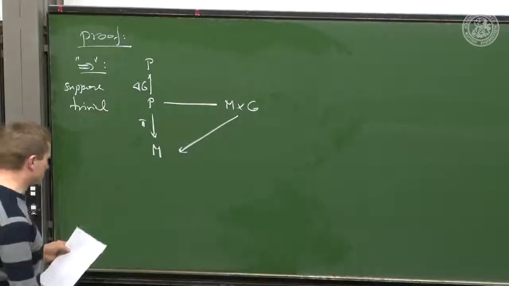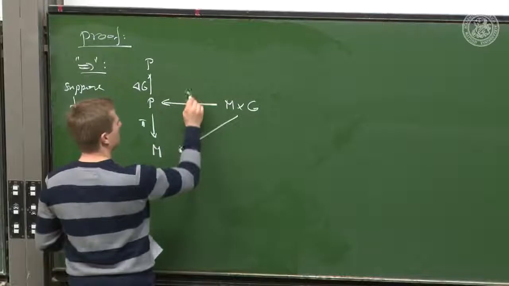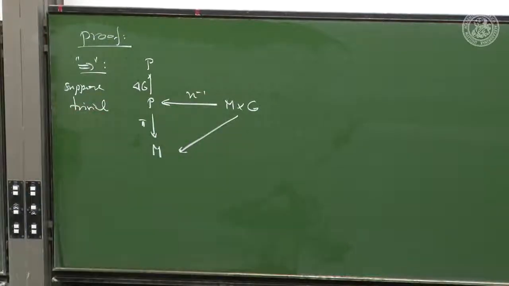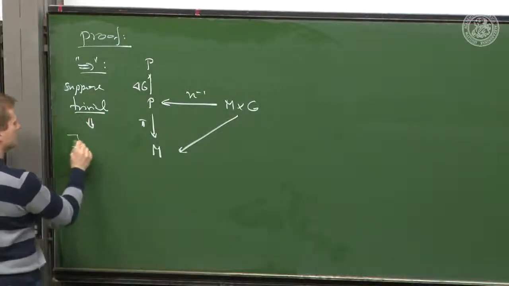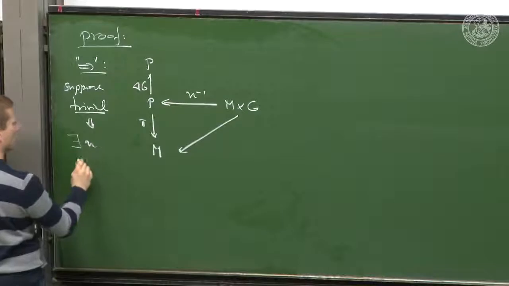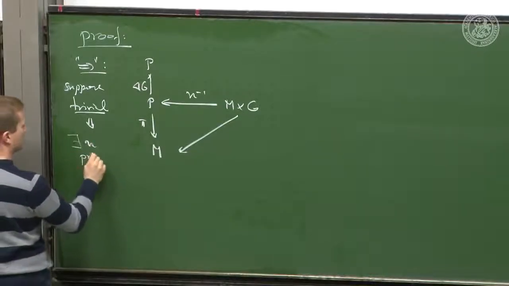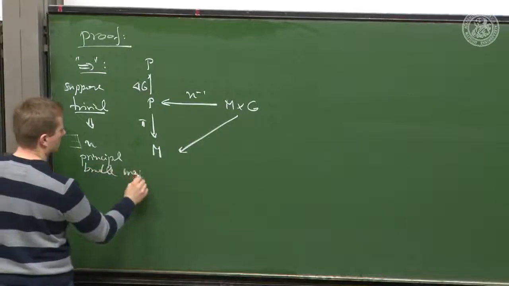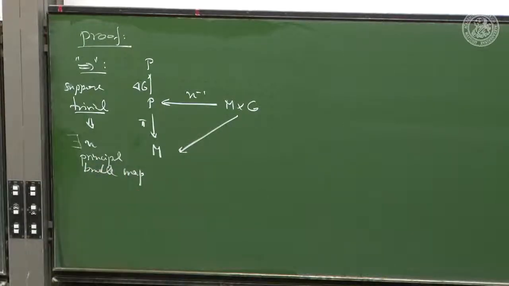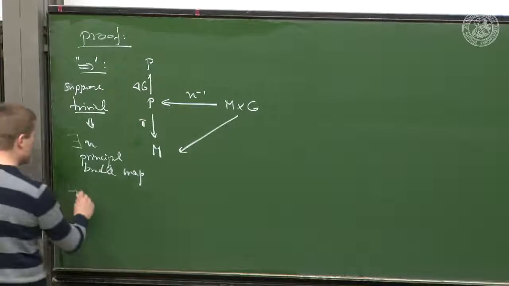It doesn't really matter in which direction I go, but let's say I go in this direction. Suppose we have this. If it's trivial, that means there exists such a U which is a principal bundle map. That's the assumption, okay?